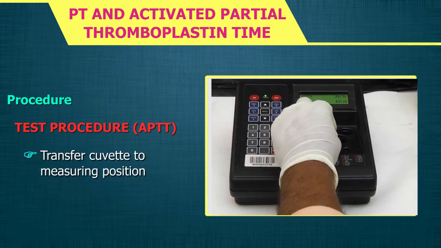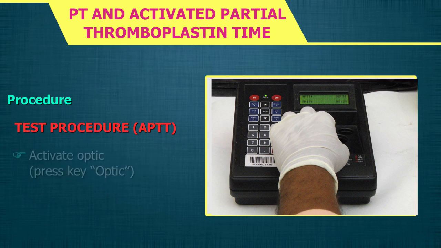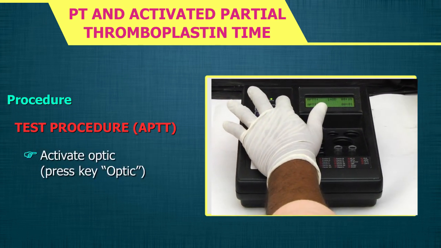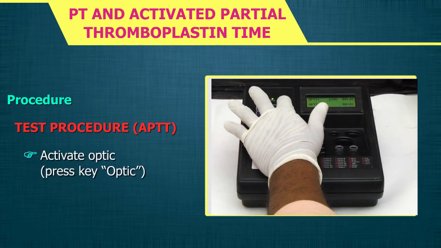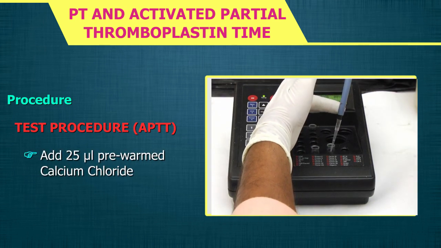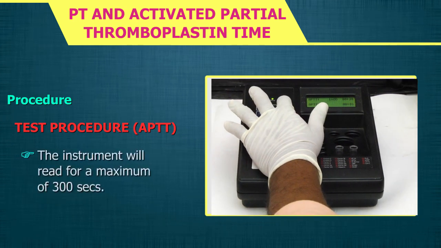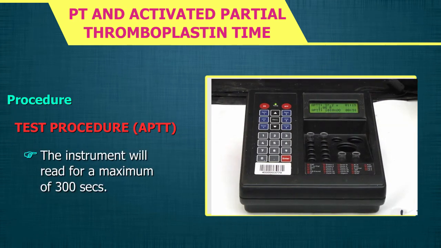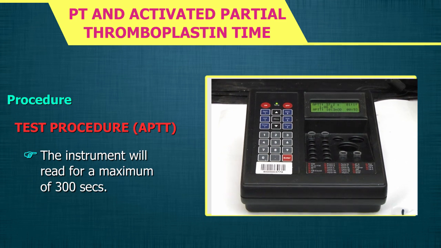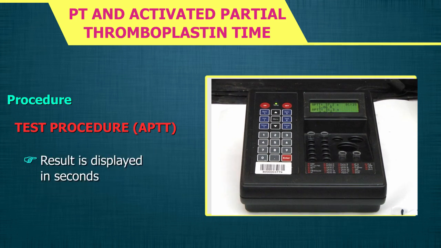Transfer the cuvette to measuring position. 5. Activate the optic. Press key optic. 6. Add 25 microliters pre-warmed calcium chloride and simultaneously start the optic. 7. The instrument will read for a maximum of 300 seconds. 8. The result is displayed in seconds.